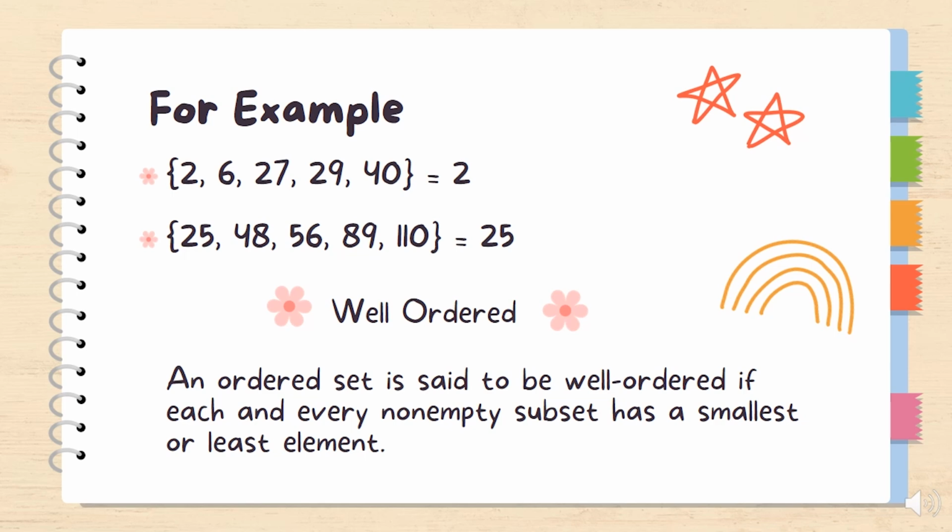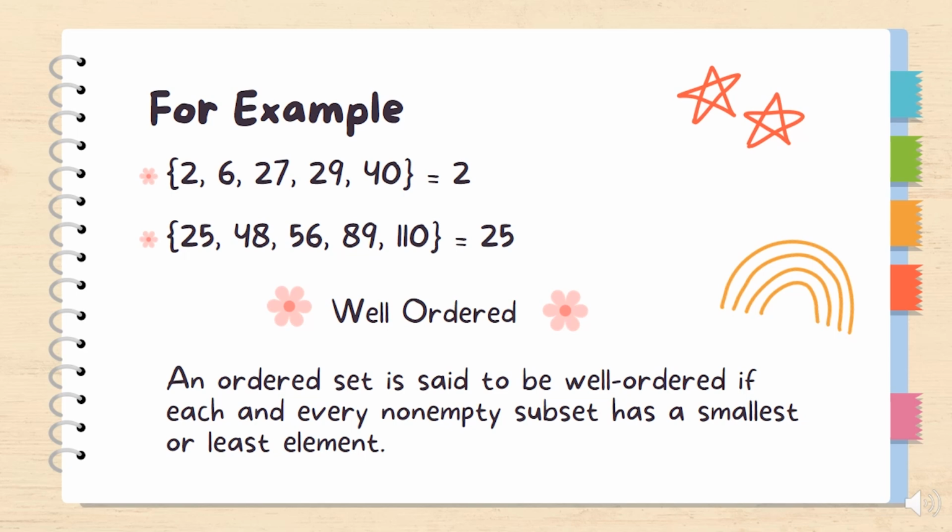Now let us look at some examples and see how the well-ordering principle works. The first example is a set that is a collection of numbers 2, 6, 27, 29, and 40. By definition of the well-ordering principle, this is a set of natural numbers and it is non-empty. Then the well-ordering principle asserts that it has a minimum, and the minimum is 2.